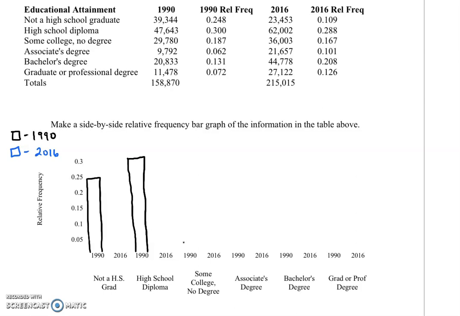Some college is 0.187. So that's somewhere between 0.15 and 0.2. So we draw a bar about like that. Then associate's degrees, we have 0.062. So that's a little bit bigger than 0.05.